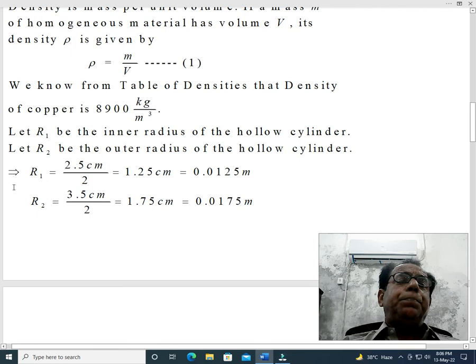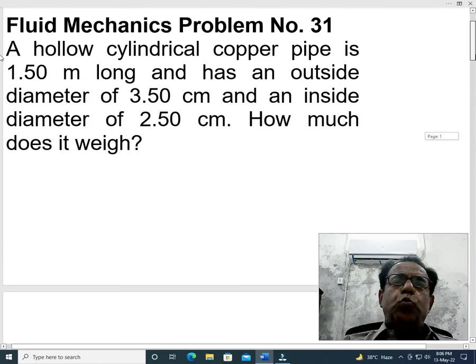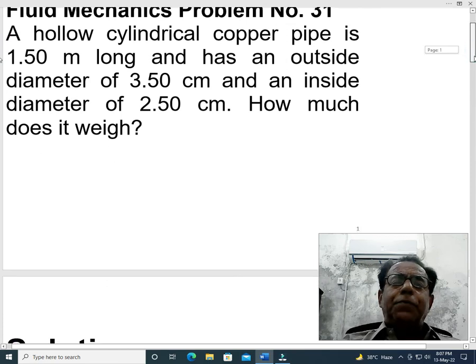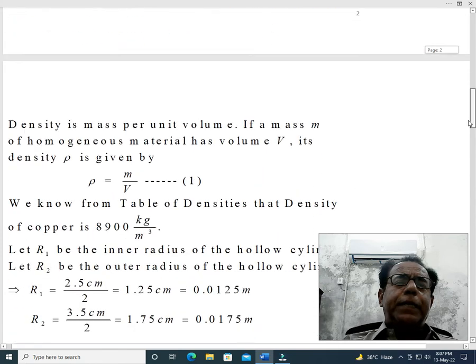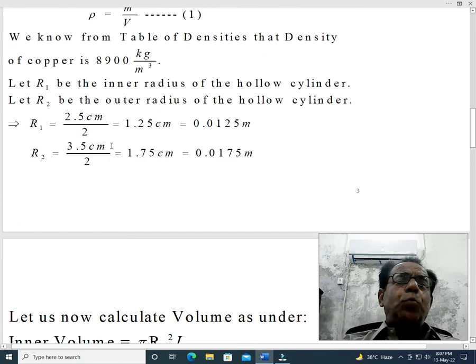Then this implies that R1 is equal to 2.5 centimeter divided by 2, okay? Because this 2.5 is not radius, this is diameter. We again move to the problem. These two values are diameter, and we have to calculate radius by dividing that value by 2.